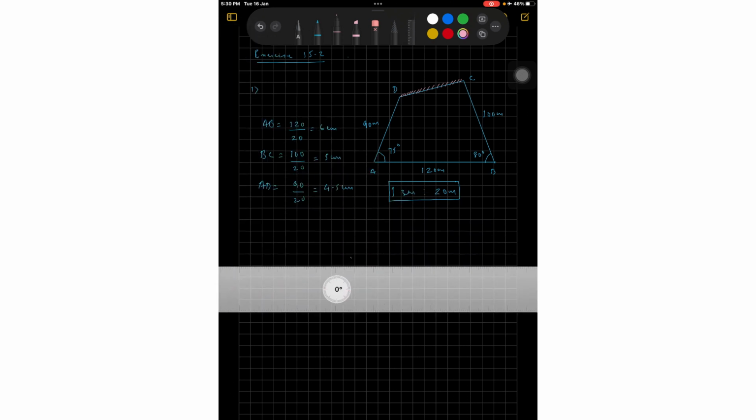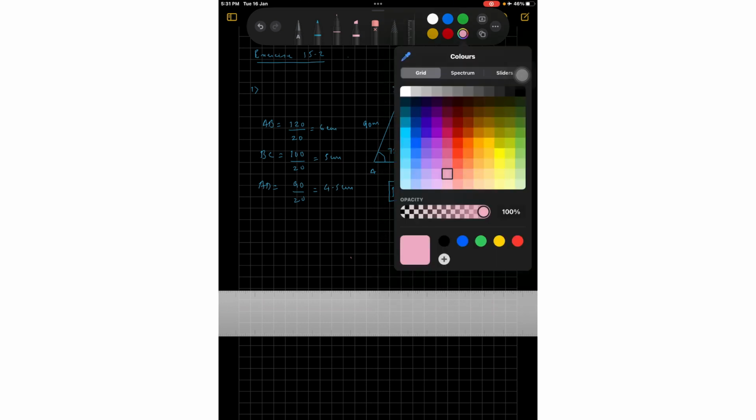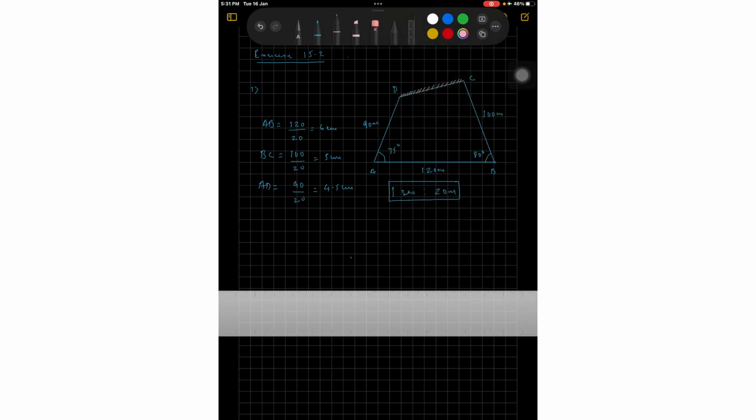So I have my ruler, and I begin by making the base AB, which is of 6 centimeters. So here we are, 6 centimeters. I'm trying to make it as accurate as possible.